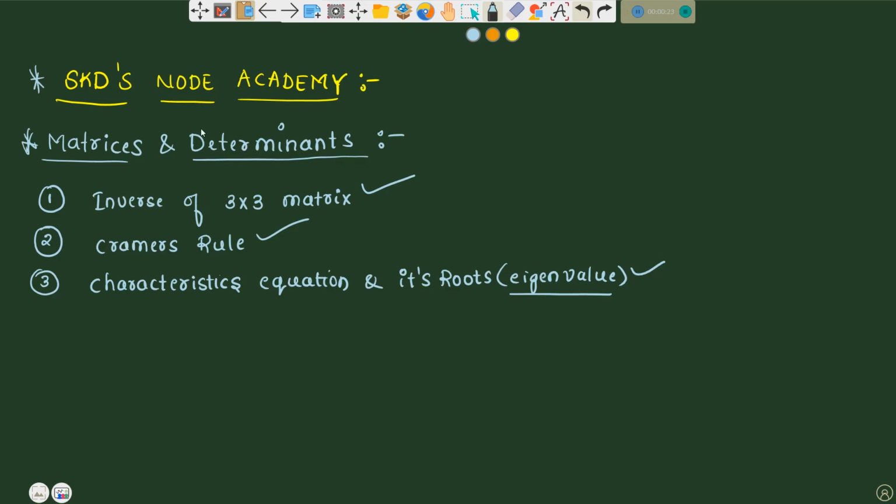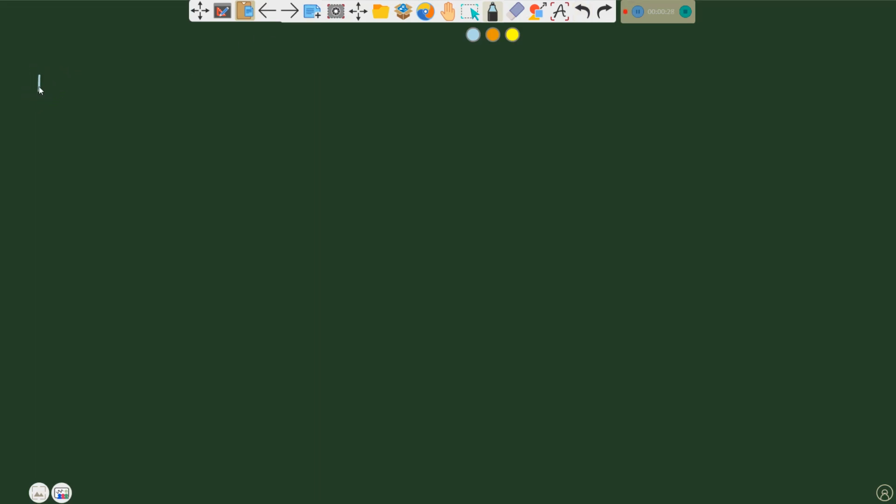So first of all, let's find the inverse of a 3x3 matrix. You know the formula for A inverse, that is adjoint of A divided by determinant of A, correct? First step is to find the determinant of A. If the determinant of A is not equal to 0, you can further find the adjoint and the A inverse.